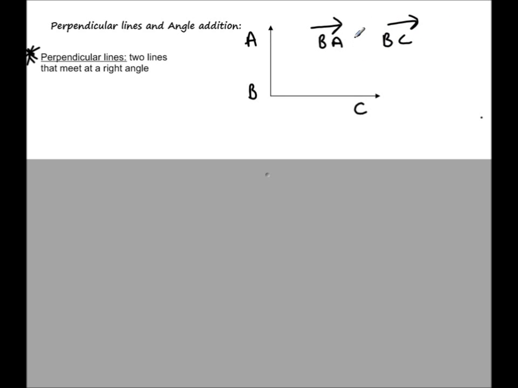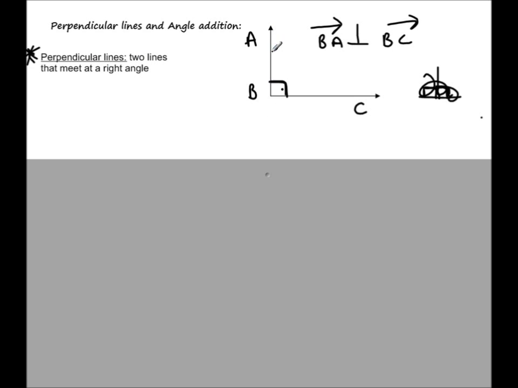Instead of writing the whole word perpendicular, I can write an upside down T. And if you notice, an upside down T even looks like it has a 90-degree angle there. So if I tell you that BA is perpendicular to BC, you would automatically put a right angle there. Perpendicular means it intersects at a 90-degree angle.